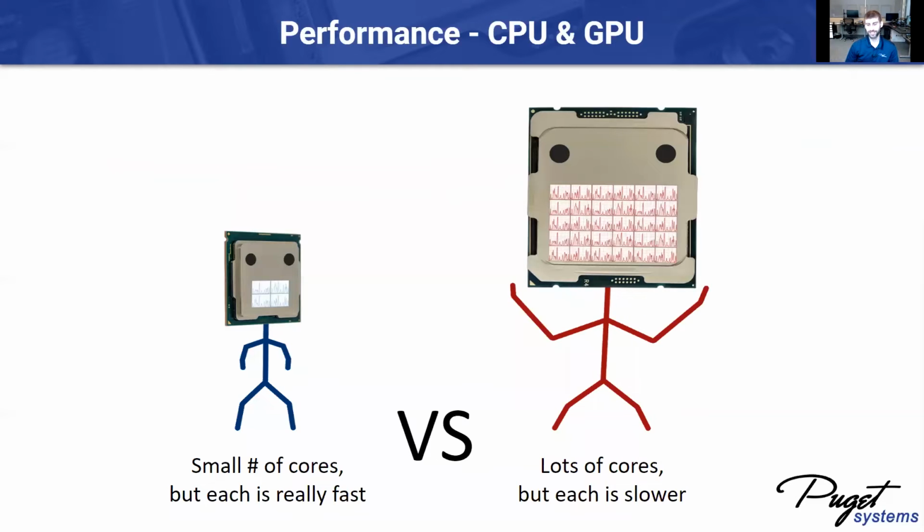And excuse my poor artistic skills, but this is kind of how I tend to think of CPUs in general. You have CPUs that have a small number of cores, but each one of those is really, really fast. This is a small guy on the left. And then you've got big CPUs with tons of cores, but each one of those cores is slower. It's the only way they can work when you're jamming 18 or 32 cores into a single CPU. They have to be slower each.